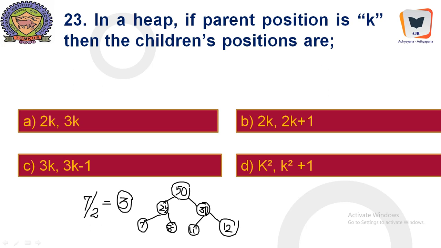And the question is, in a heap, if the parent position is k, then the children's positions are, okay, let us say this is k, so k equal to 2. Numbering the positions 1, 2, 3, and 4, 5, 6, 7. A heap is an arrangement of an array like a tree, that's all. Of course, there will not be a picture like a tree in the algorithm.